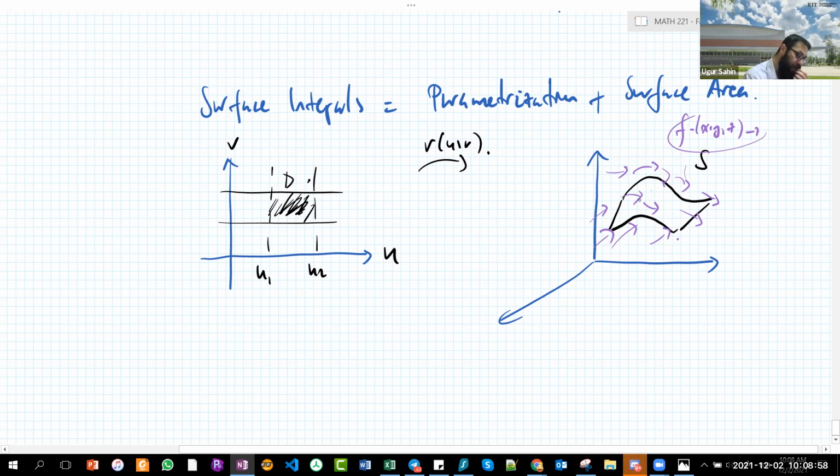The part of the surface which is exposed to this function, I can multiply these to get the effect of the vector field on this surface. But if I want to calculate everything around the surface, that is where I need to use the surface integrals.